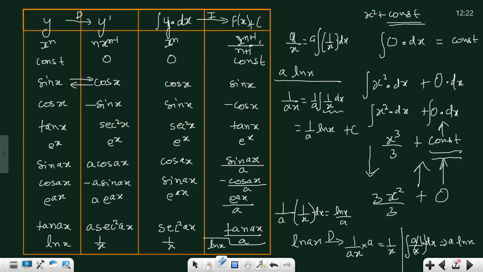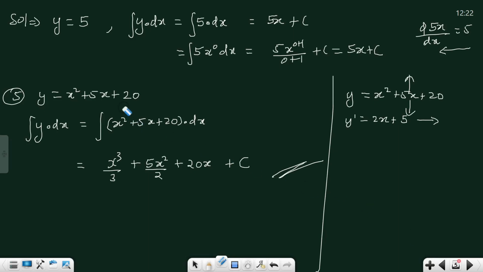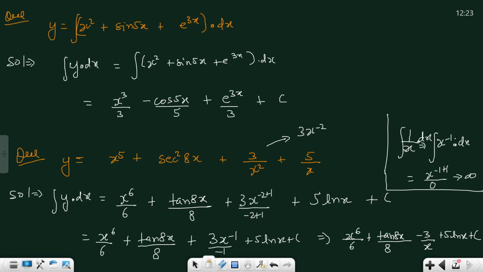I think we have taken this in this question, 20 is there, so you have already integrated 20 and made it 20x. Whether it is 20, 30 or any numerical value, you are taking a constant, and when you integrate any constant, you will get an x term. Okay, sir.